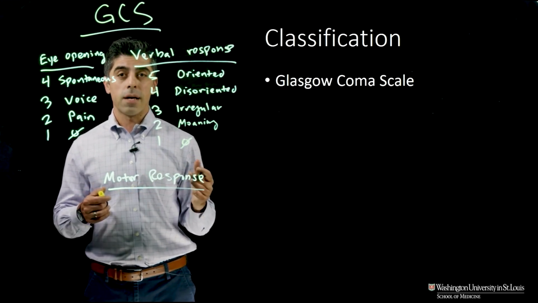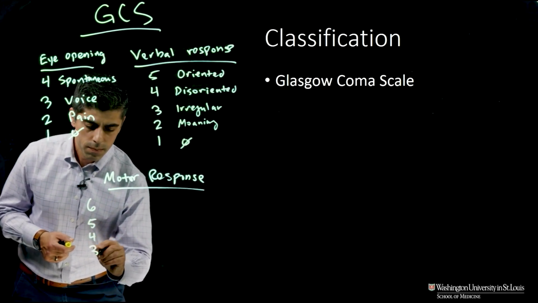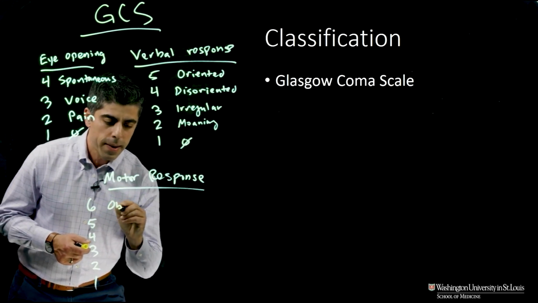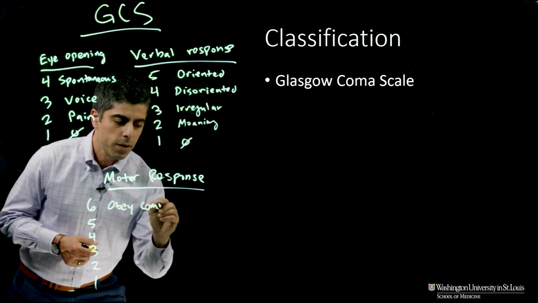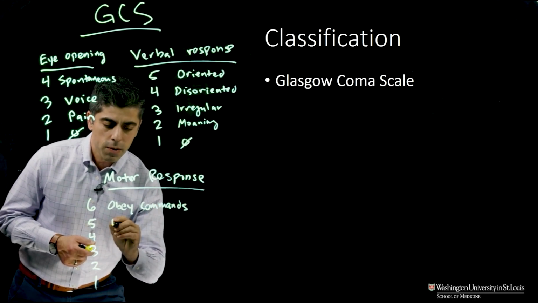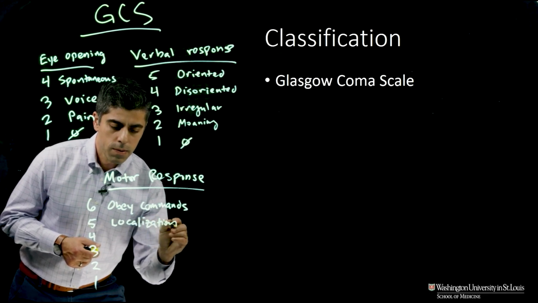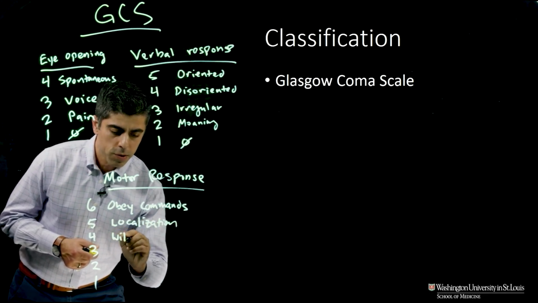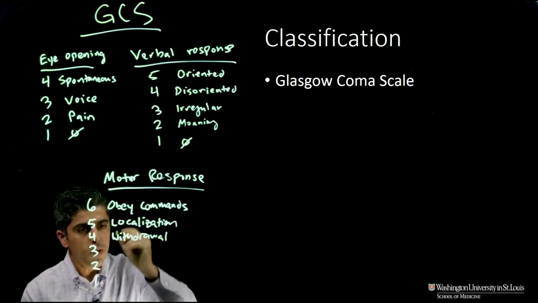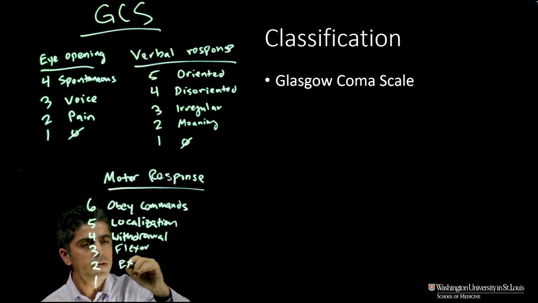And then motor response happens on a 6-point scale. Six points for obeying commands and moving fully. 5 points for localization. 4 points for withdrawal. 3 points for flexor posturing. 2 points for extensor posturing.